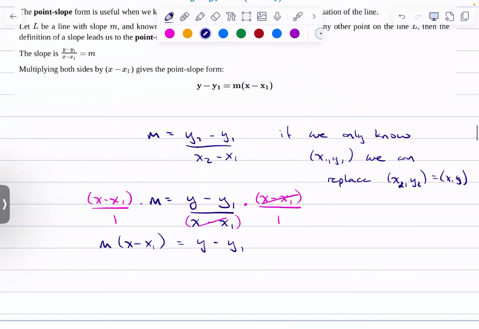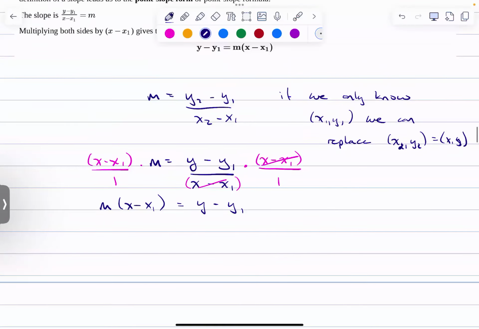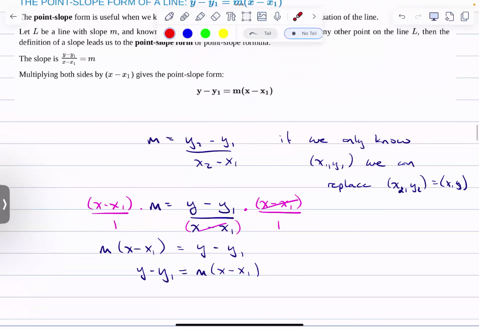So now you can rewrite the order. Usually we have y on the left-hand side and everything else on the right-hand side. And so let's rewrite it. y minus y1 is m times x minus x1, which is this here.